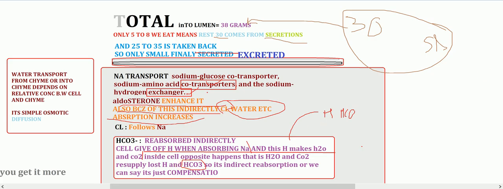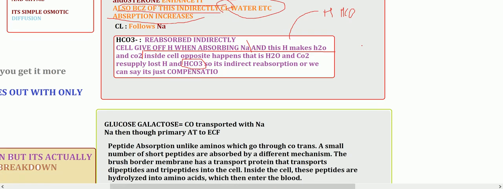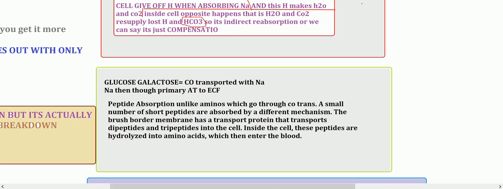Okay, the next thing we're going to be talking about is some nutrient reabsorption, and then our chapter is about to end. Glucose, galactose. How are the glucose and galactose reabsorbed? Not reabsorbed, but absorbed from the chyme.